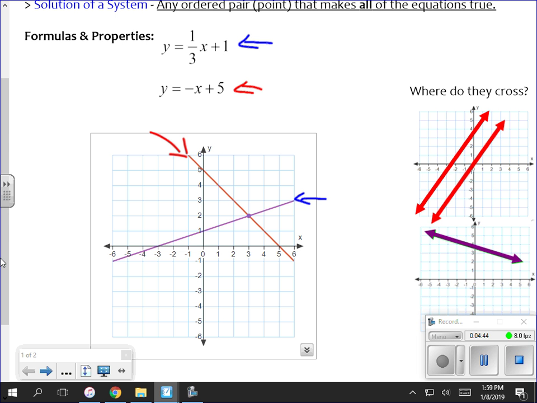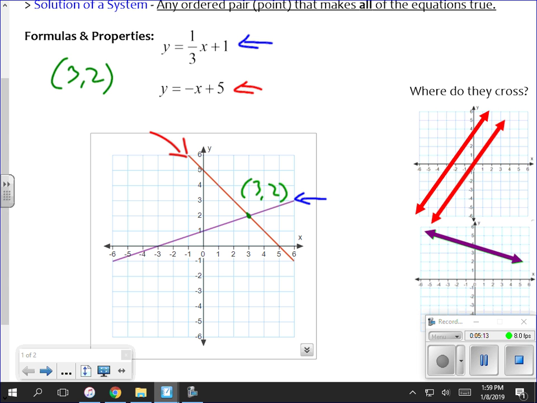The solution to the system is the point they share. The one place that works in both of them. That's the goal of trying to solve a system of equations: where's the one point that works in both equations. In this case, it's the point 3, 2. Okay, that's our solution.